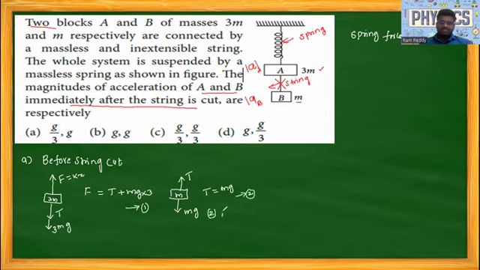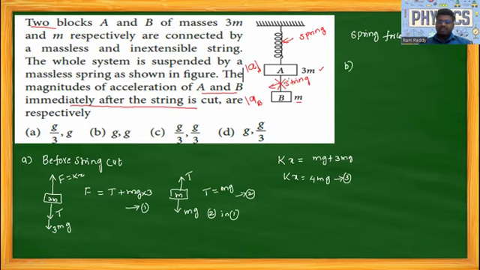Now substituting equation 2 in 1, in place of tension put mg. Then F, which is kx, is equal to mg plus 3mg. Then kx is equal to 4mg. Let us take this as equation 3. This is the condition before the string is cut.